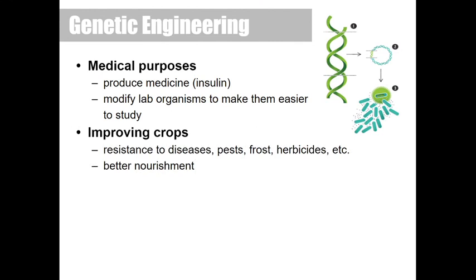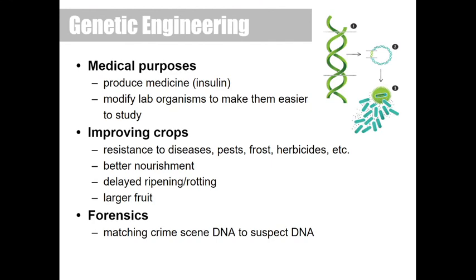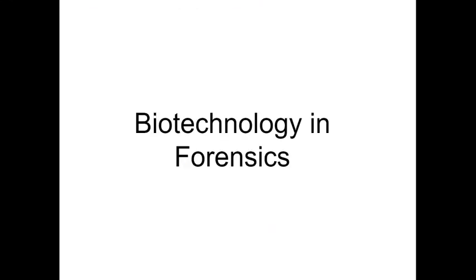We improve crops by offering better nutritional value to them. We delay ripening and rotting so fruits and vegetables will last longer on store shelves and in your home. We produce larger fruit. Now, in forensics, we are able to match crime scene DNA to suspect DNA.